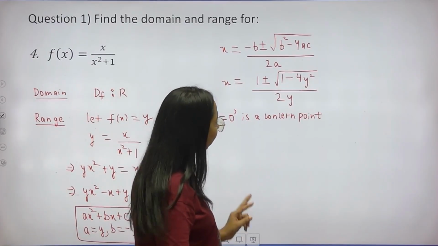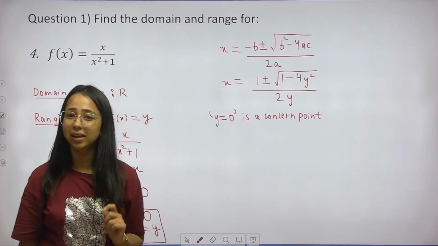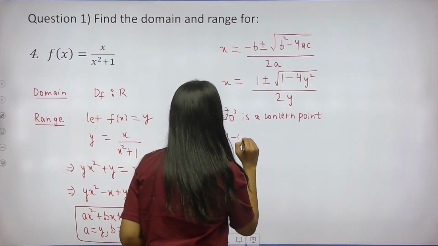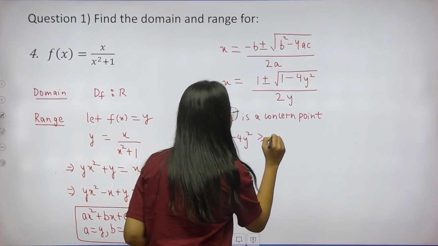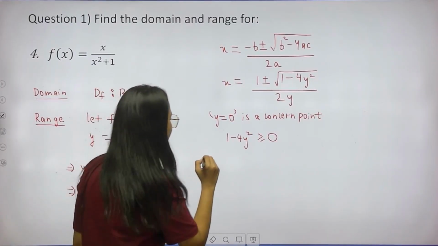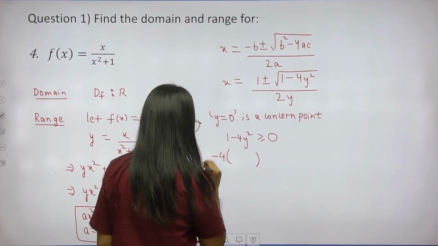So for finding the range, the value inside the root again cannot be a negative number. Hence, 1 minus 4y square will be greater than or equal to 0. Now let's take minus 4 common.